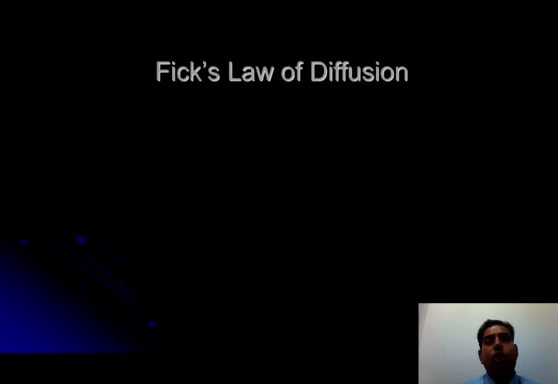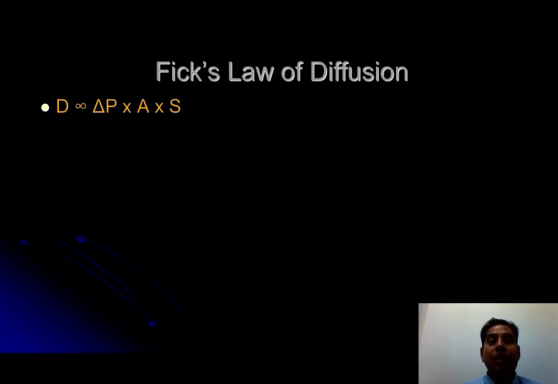So there are certain laws which can apply to the respiratory system as well. So you should look at the Fick's law of diffusion, which gives us a mathematical expression to know the amount of gas which can diffuse out.